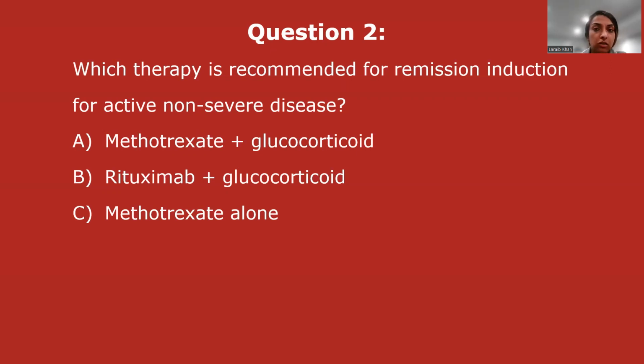So for remission induction, you would treat with methotrexate and glucocorticoids. B wouldn't be the right answer because rituximab and glucocorticoid is for remission induction of active severe disease. And for C, you don't use methotrexate alone, so that's just not an option.